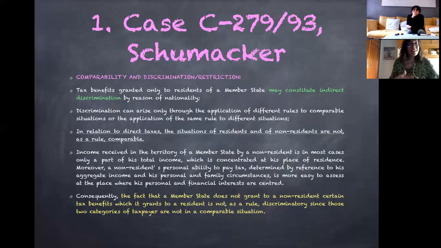So in general, the ECJ understands that in the case of a personal income tax, an income from labor, salaries should be taxed in the state in which the work is done, as the double taxation agreement says, but the expenses, the personal allowances, the social security contributions have to be deducted in the resident state.